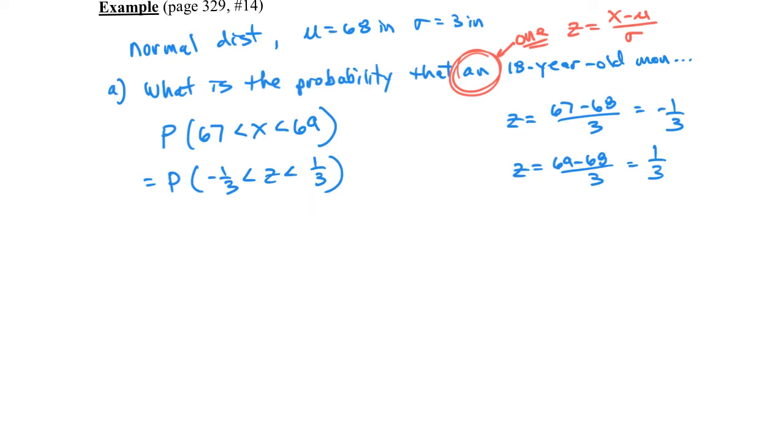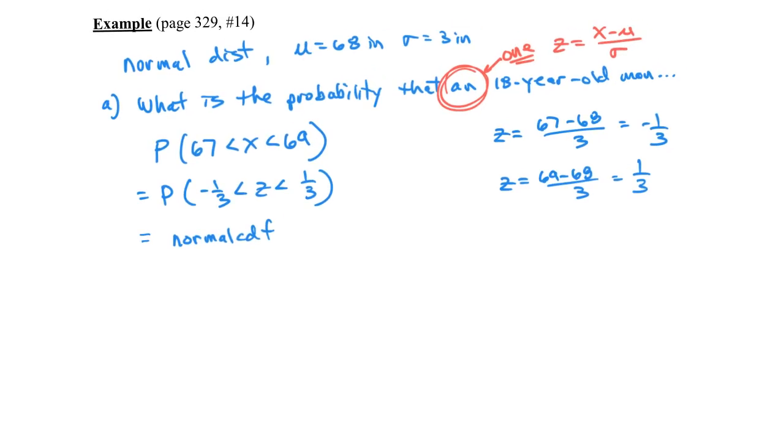So this is actually a good one to see how the calculator handles differences. So if I do this on the calculator, if I go normal CDF, and let's say I just plug in negative 1/3, comma, then 1/3 like this.